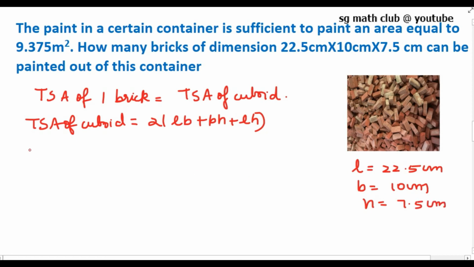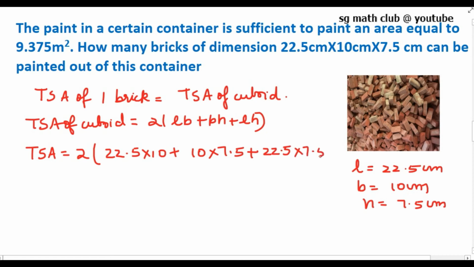We can substitute this. TSA of cuboid is 2 into (22.5 into 10 plus 10 into 7.5 plus 22.5 into 7.5), which is equal to 2 into (225 plus 75 plus 168.75).